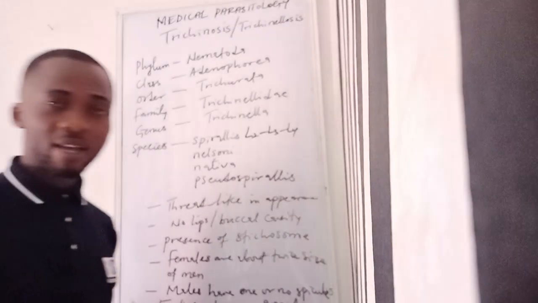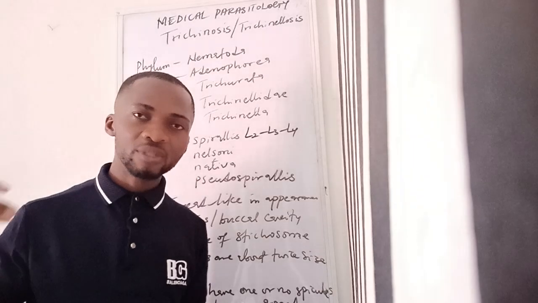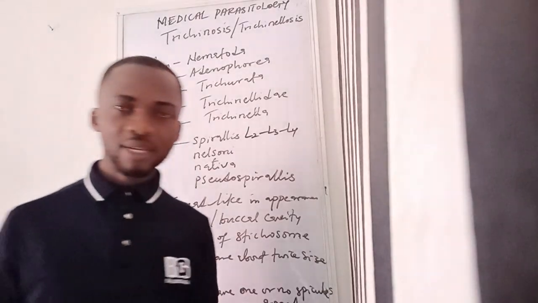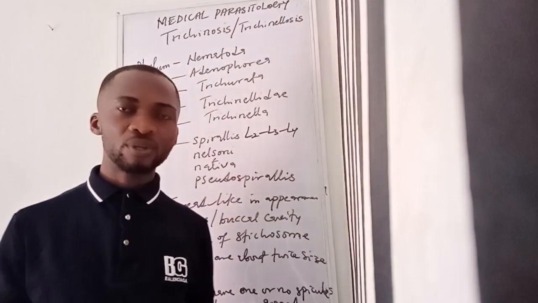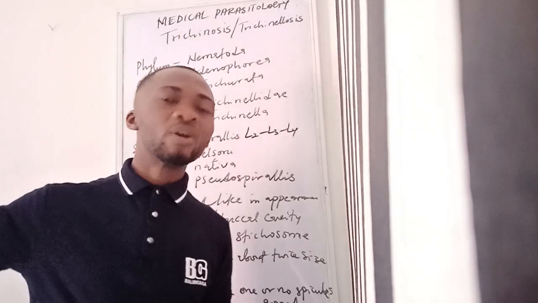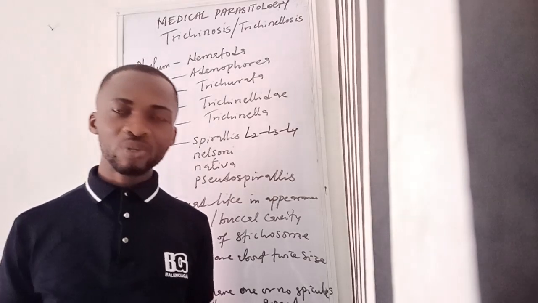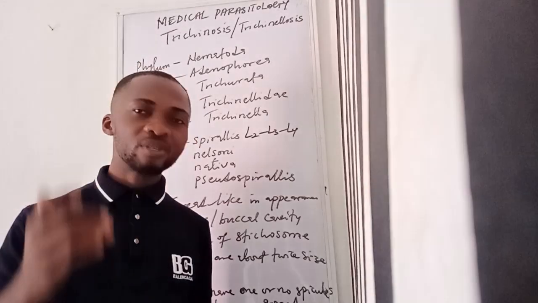Then, apart from the effect of the adult worm, which is the first part I've mentioned, we also have the effect of the migrating larva. Like I said, this larva undergoes migration, the liver, heart, lung migration, and it migrates to other parts of the body. And as it is migrating to such sites, it also causes inflammation.